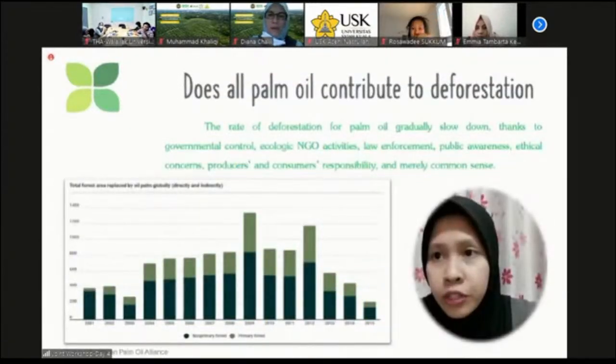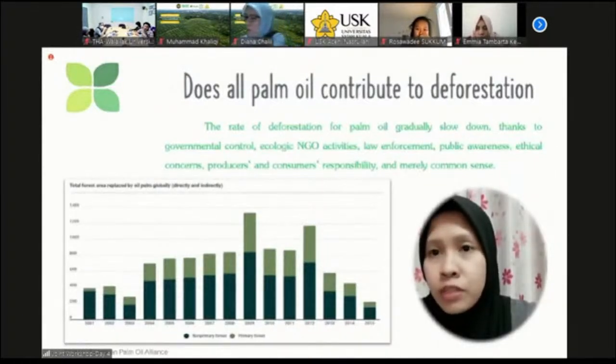The rate of deforestation for palm oil has gradually slowed down thanks to governmental control, ecological NGO activities, law enforcement, public awareness, ethical concerns, producers' and consumers' responsibility, and merely common sense.